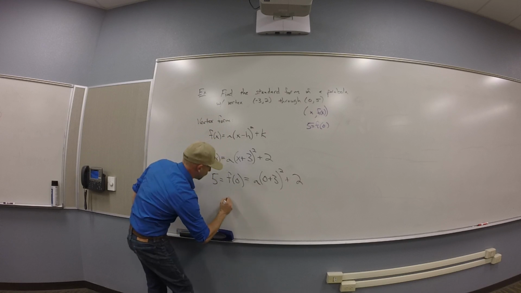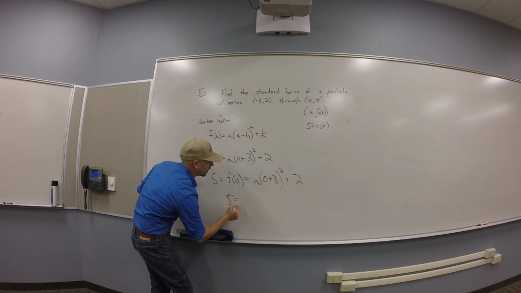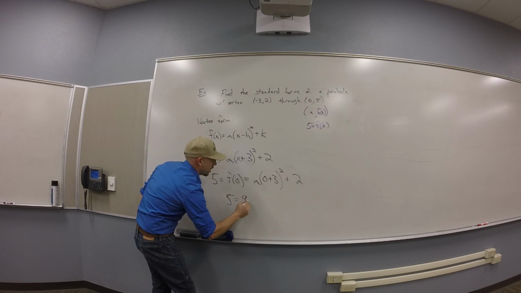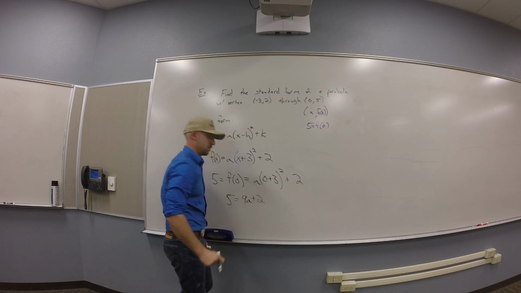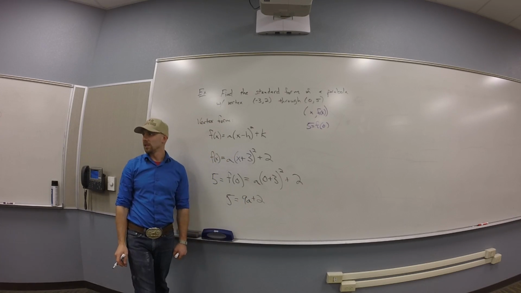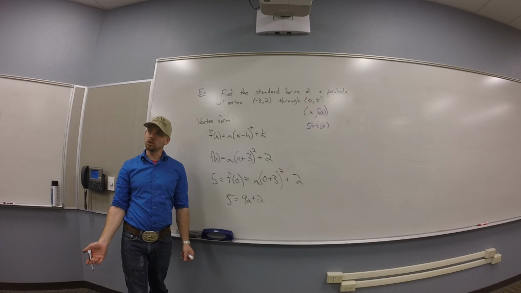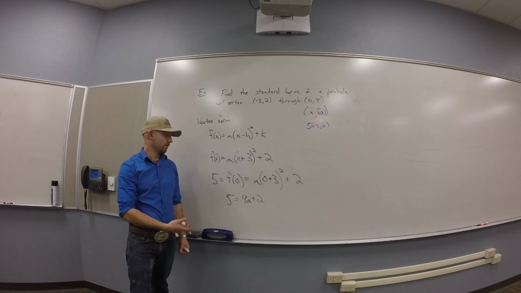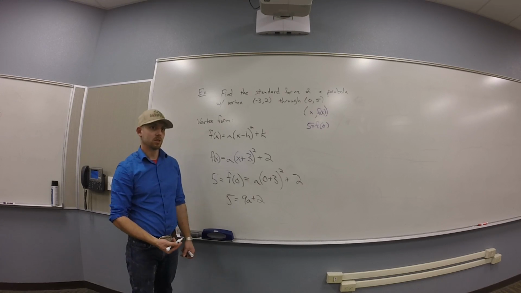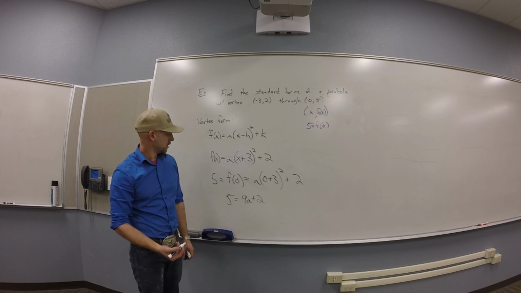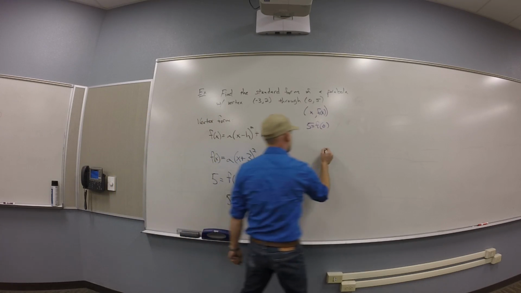So I think we got 5 is 9a plus 2. You guys see that? And then we are going to have to solve for a, right? But we didn't have to do it in general. We can just do it with these relatively easy numbers. So what do you get for a out of this? 1/3. A is a third.